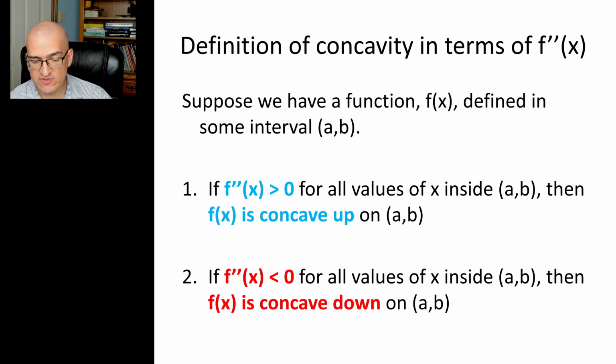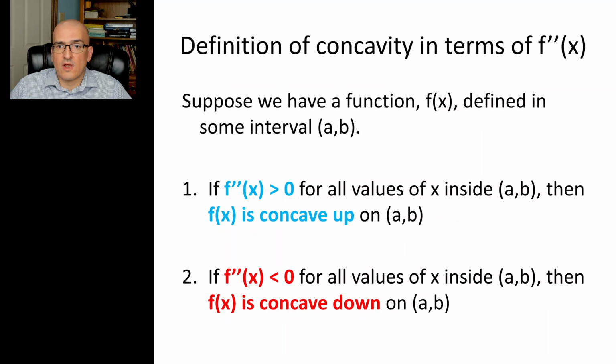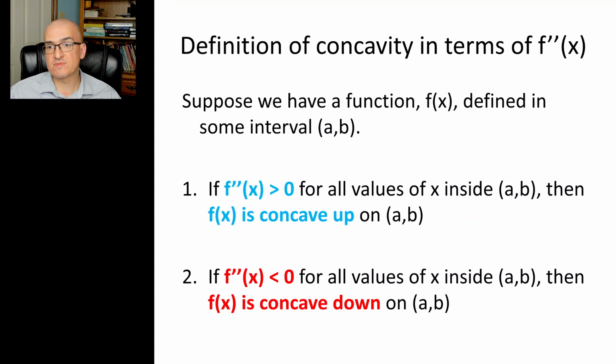Well, what do we have to be able to do? What can we extract from all of that combination of theory and visualization? First, just a definition of concavity in terms of the second derivative, just to write it down here. We will say, by definition, that if f double prime of x is positive, wherever it's positive, the function will be concave up.